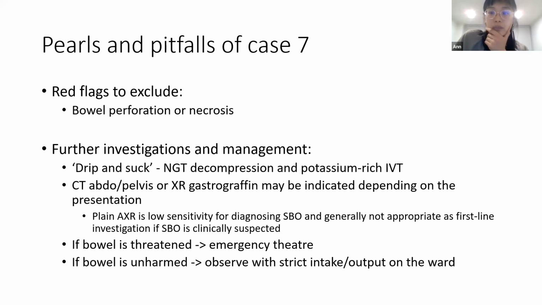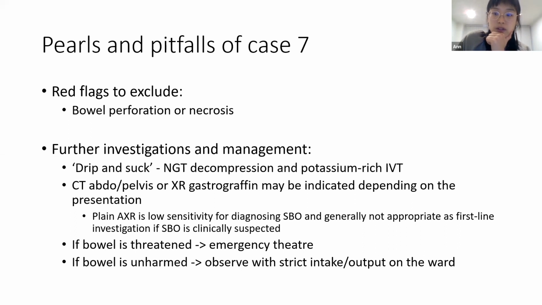Commonly, the approach we take is the drip and suck, so NG tube decompression and potassium-rich fluids. This conservative approach is effective for about 70% of small bowel obstructions. Alternatively, you can also do nasogastric gastrographin with serial X-ray studies.